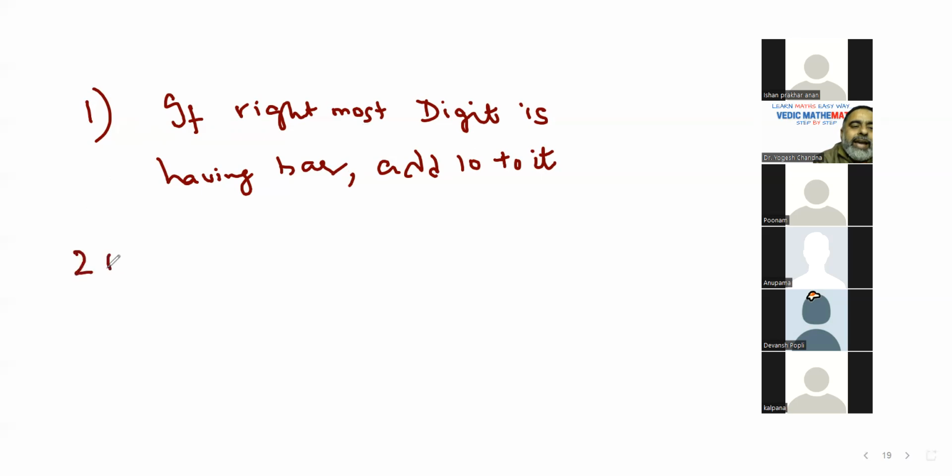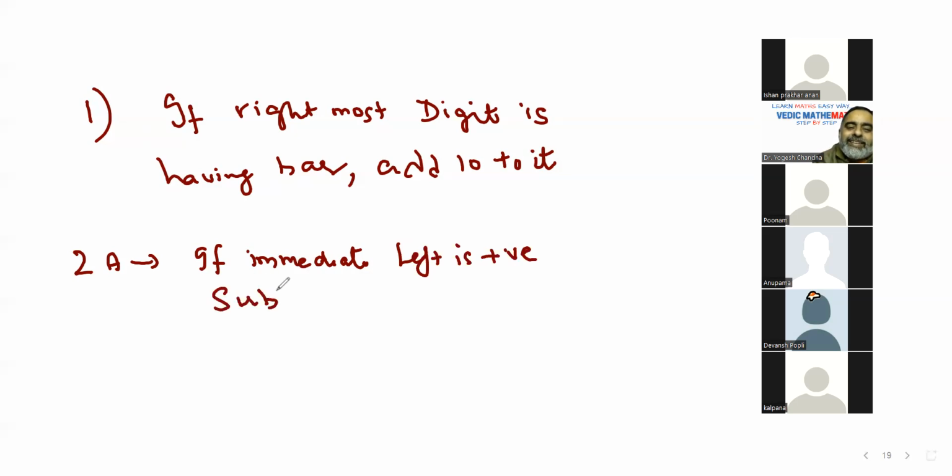Rule number 2A: if the immediate left is positive, that means it was less than 5 earlier, it was positive. Then we will take away 1, so subtract 1 from it, and the other things remain the same.